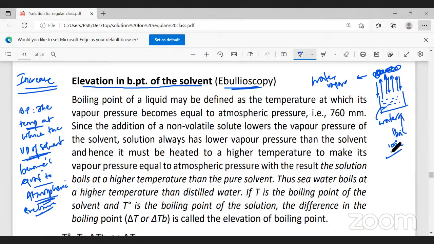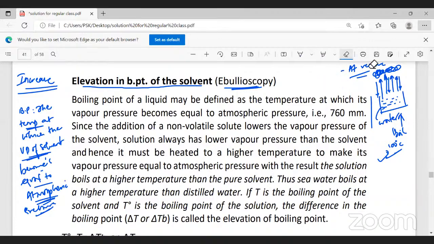Therefore, we say water boils at 100 degrees Celsius. It doesn't mean that water vaporizes only at 100 degrees Celsius; water vaporizes even at room temperature. But only at 100 degrees Celsius the vapor pressure of water becomes equivalent to atmospheric pressure. Since the vapor pressure of water becomes equal to atmospheric pressure at 100 degrees Celsius, we call the boiling point of water 100 degrees Celsius. Did you understand what is boiling point? Did you follow? Yes, sir.